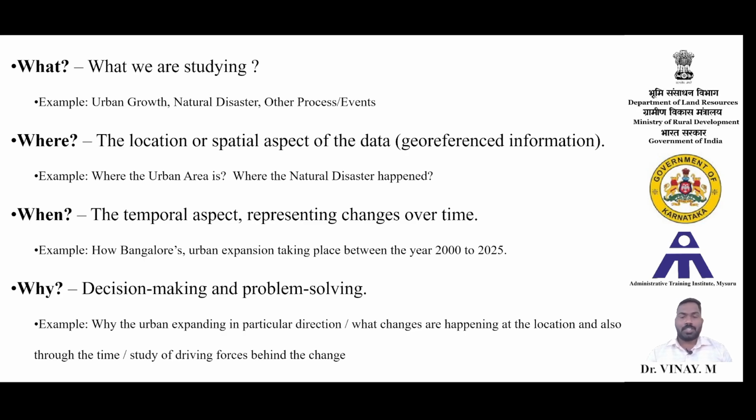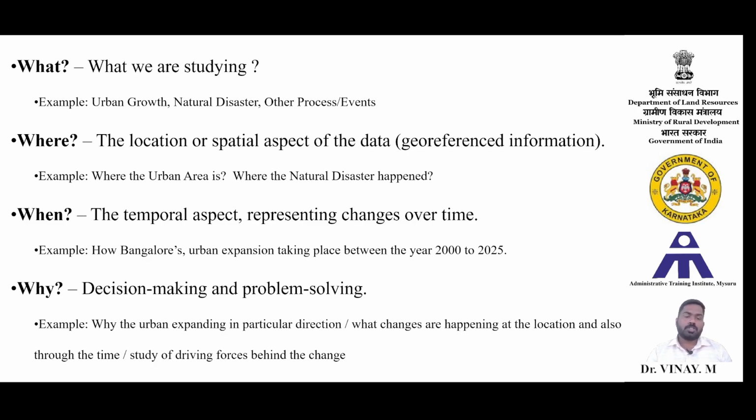So if we look into the trajectory of this temporal aspect, then we can easily predict how the urban growth may happen in future up to 2050 or 2100. So whether the urban expansion is happening in a sustainable way or unsustainable way, whether it is resilient or not resilient. These are the types of questions that we need to frame when we do the geospatial analysis.